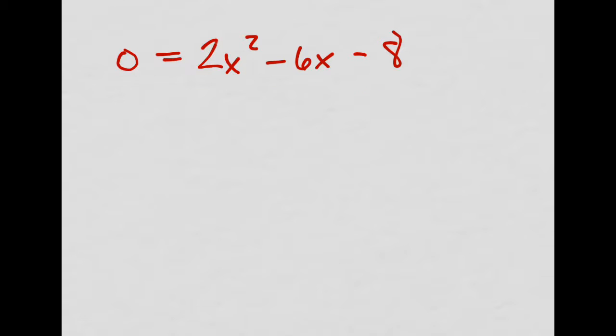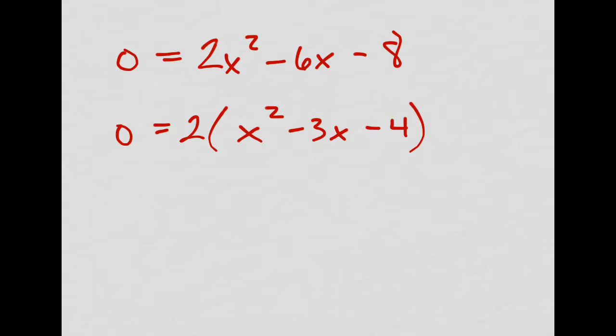Right now, I would not be able to use the shortcut because I have a 2 in front. However, if I factor out a 2, now I can, right? Because now I have a coefficient of 1.